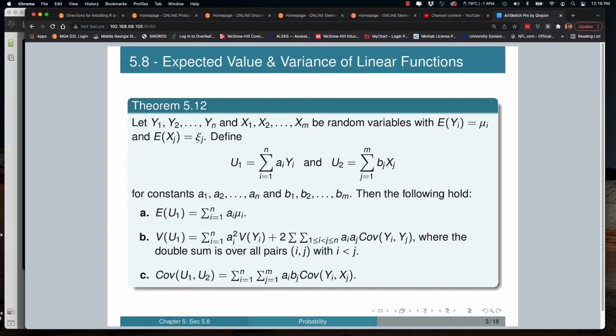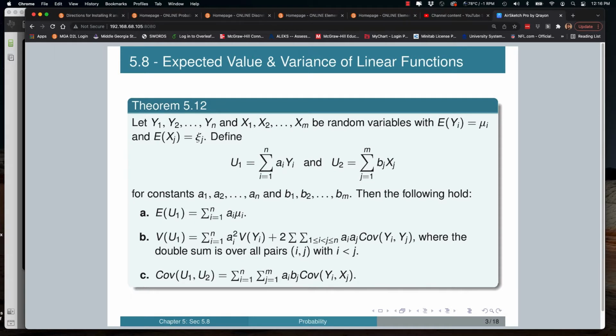Then the following hold. If you want to find the expected value of u sub 1, then it's just the sum from i equals 1 to n of a sub i times mu sub i. So all the random variables times their constants added together. That one's a pretty simple calculation.